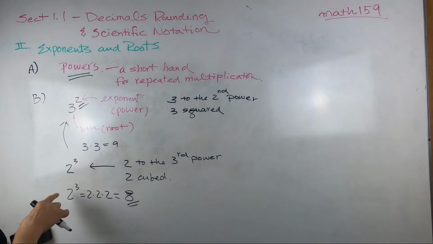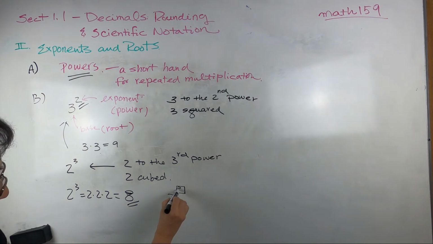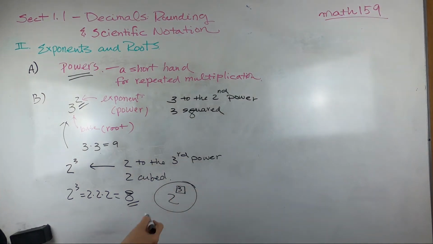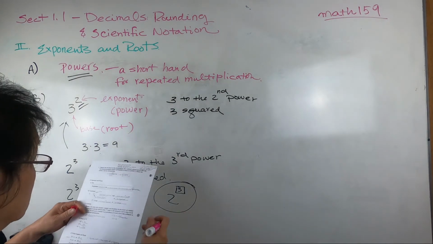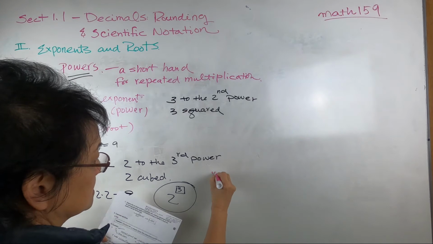But how do you put this style? Some calculators will have this base and have this one little thing here like this, so you can put it there. But some of them don't have it, but they always have this symbol.